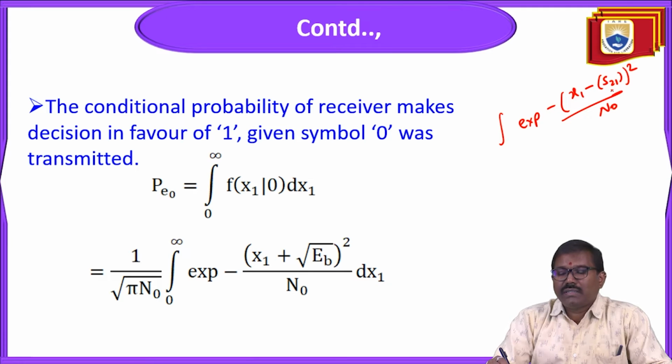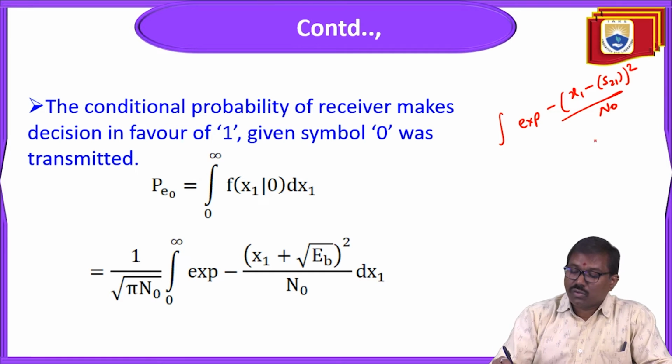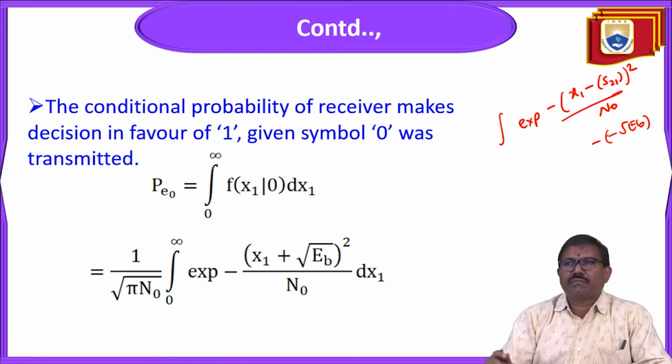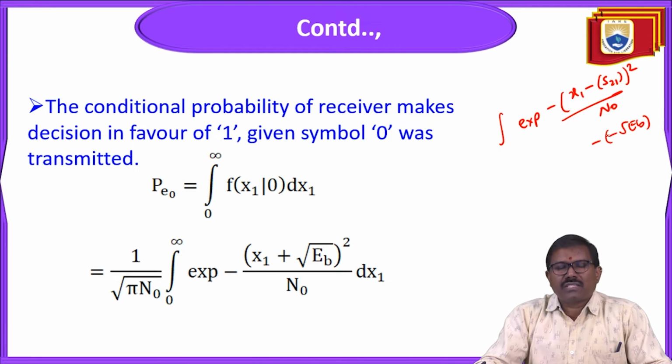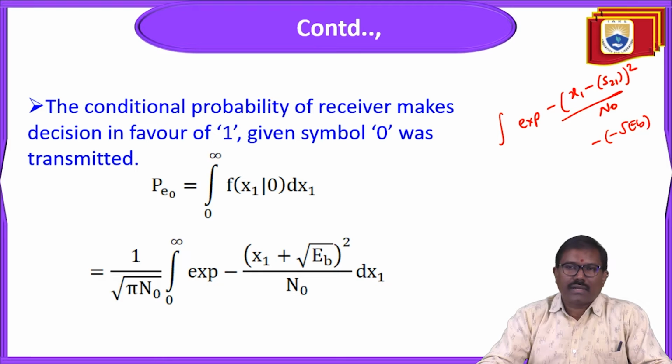What is S21? That is minus root Eb, already shown in the signal space diagram. So minus of minus is plus, giving x1 plus root Eb whole square divided by N naught dx1. So this is my probability of error when symbol 0 was transmitted.